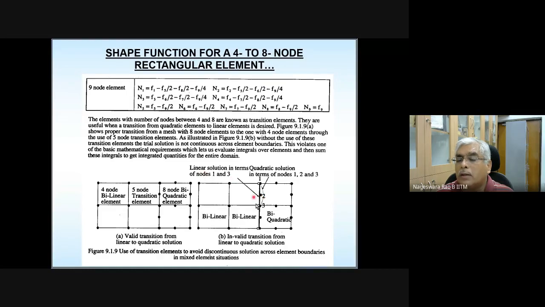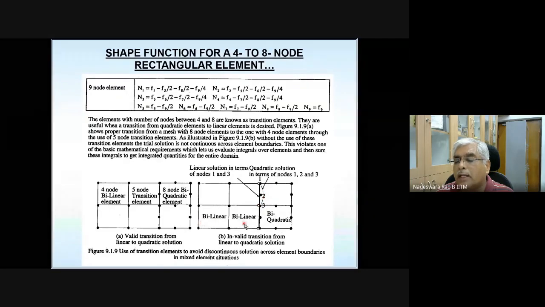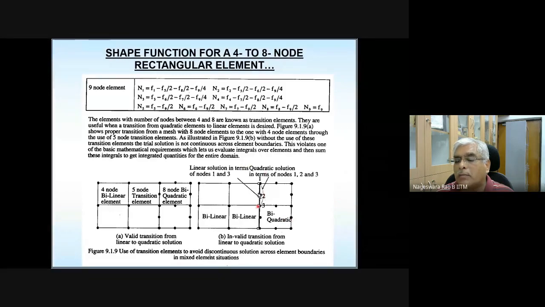Along this edge, you will be having some problem. So you cannot directly use bilinear elements adjacent to that biquadratic element. You should have a transition element. So this is an invalid transition from linear to quadratic solution, shown here. That is all mentioned here. You can go through that.